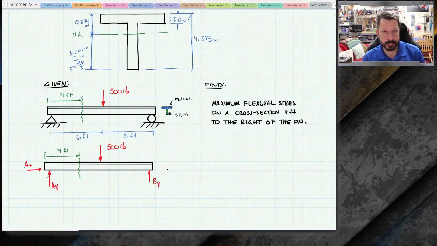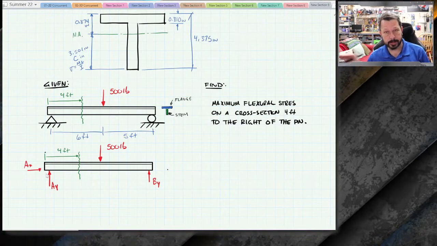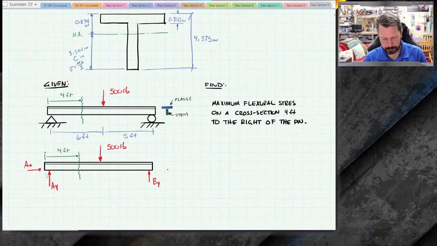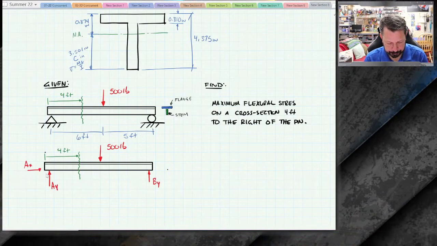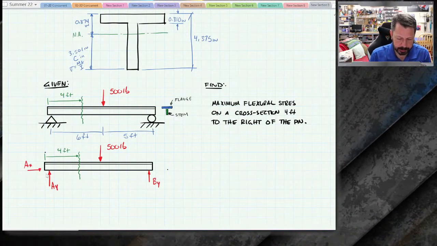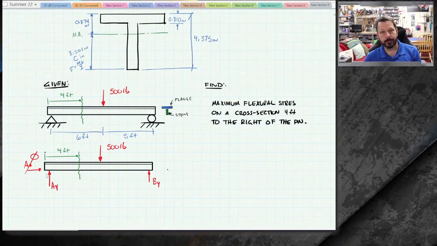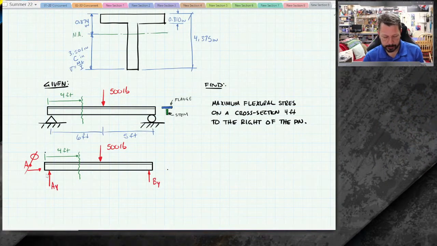It's a roller, so it doesn't have any resistance to rolling in the X direction. It only resists moving in the Y direction. I can already look at it and see that AX is 0 because it's the only force in the X direction, so it has to be 0.